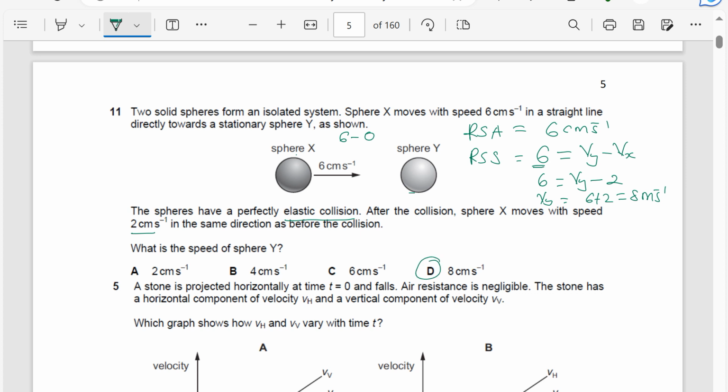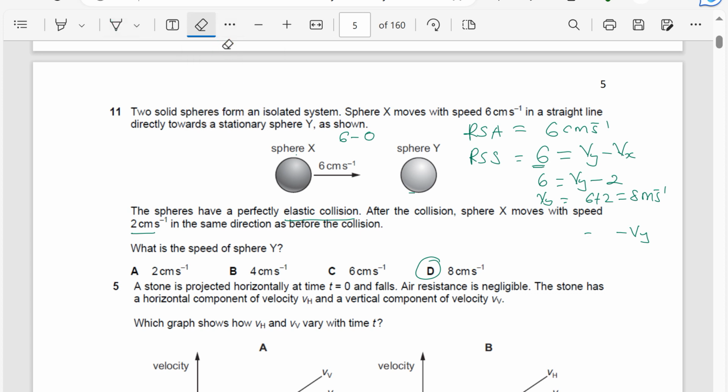If you had done it the other way around, you would still get negative 8, which would just mean opposite direction. If you had said 6 is equal to 2 minus vy, no, this will not work.